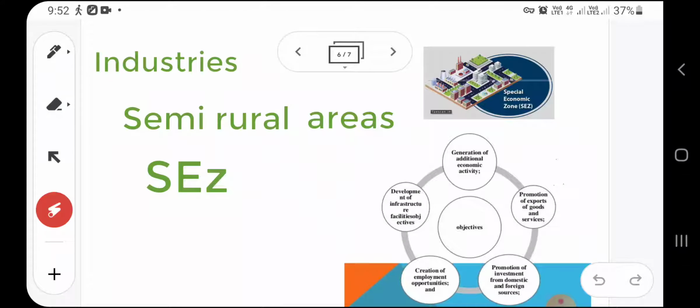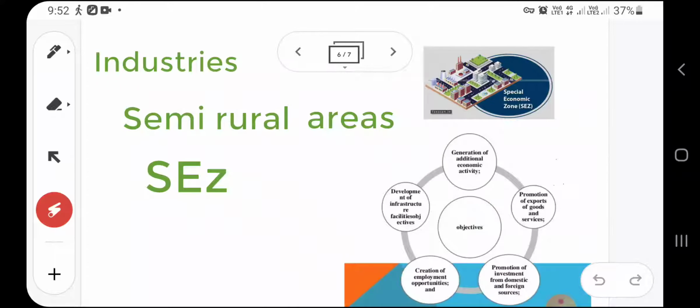Creation of employment is one of the features of SEZ, and it promotes investment from domestic and foreign sources, promotion of export of goods and services, generation of additional economic activity, and development of infrastructure and facilities. All these benefits we get from SEZ.